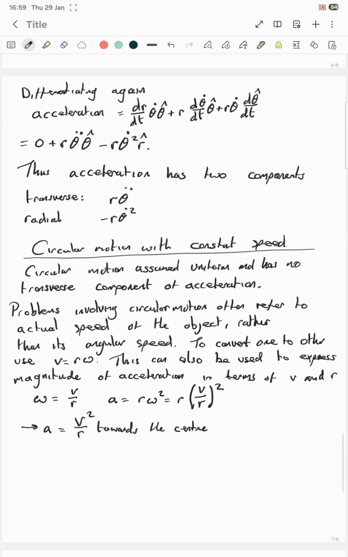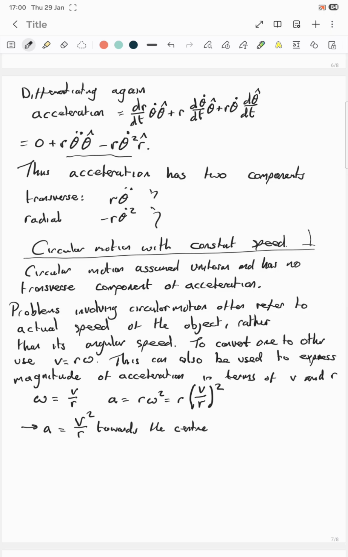So if we take this and differentiate again, we'll get this equation here. Now the acceleration has two components, the transverse and the radial component. Now we get on to circular motion with constant speed. Circular motion assumed uniform has no transverse component of acceleration.